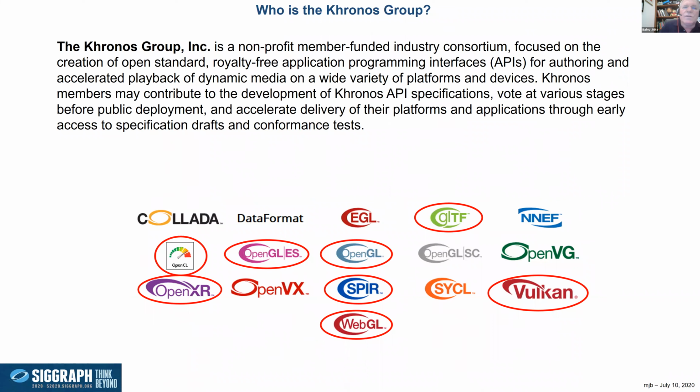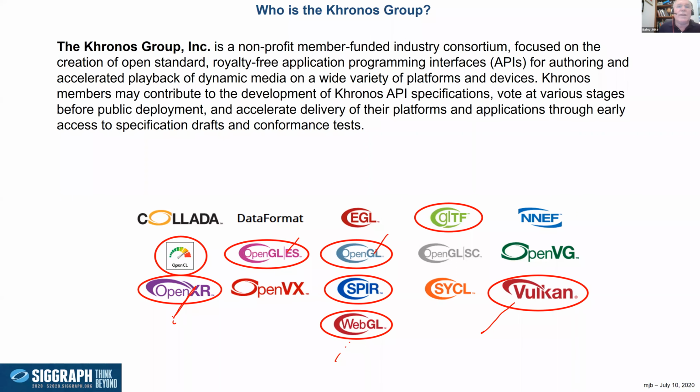All right, also, who's the Khronos Group? The Khronos Group is a nonprofit member-funded consortium. They do a lot of standards. Standards you've heard of, like Vulkan, like WebGL, like OpenGL, OpenGL Embedded Systems, XR for virtual and augmented reality, and so on.